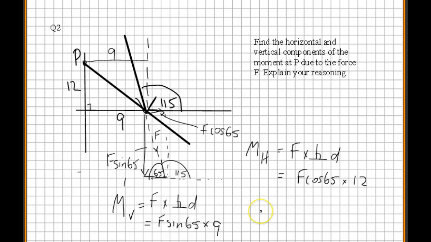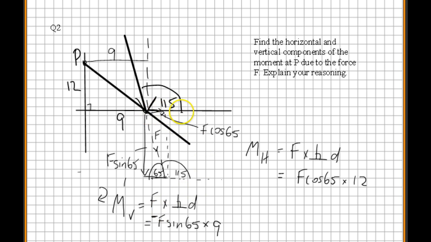Now, of course, we need to find the direction of those, so we know the sign. Well, this vertical force is going down here, so it will be creating a twisting action around P in the clockwise direction, so we know that it is negative.